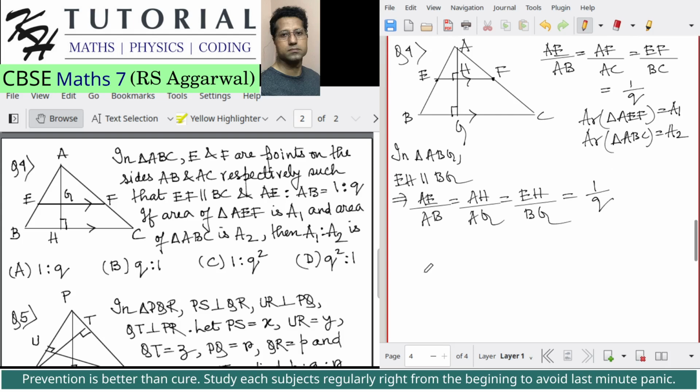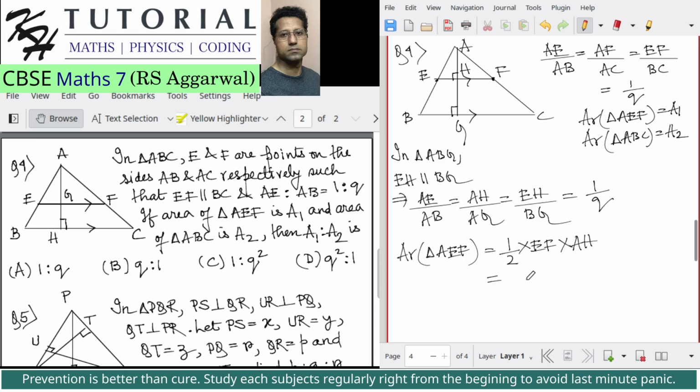We can consider AH to be the height of the triangle AEF and EF to be the base. So what will be the area of triangle AEF? Area of triangle AEF will be equal to half into base into height. Base we can consider as EF and the height as AH.